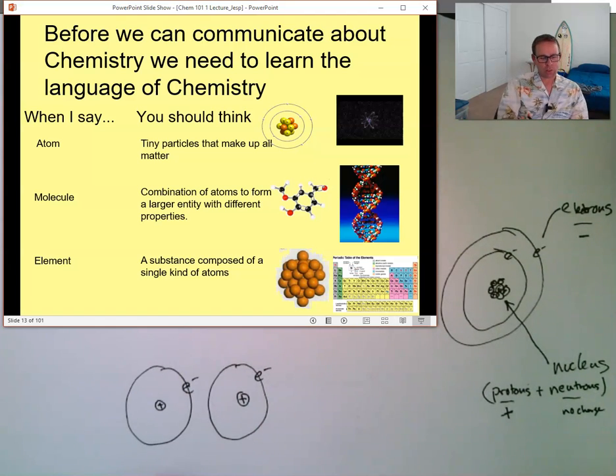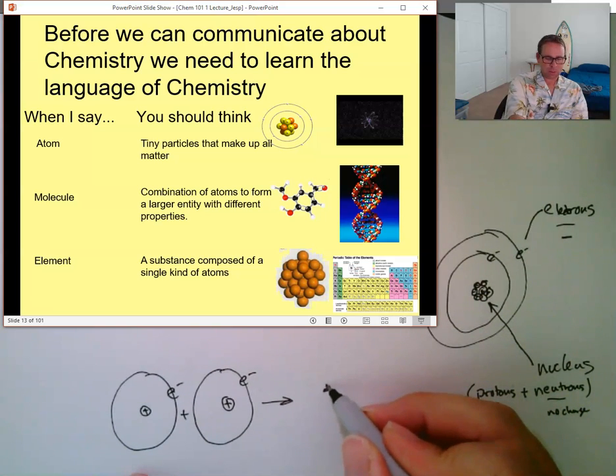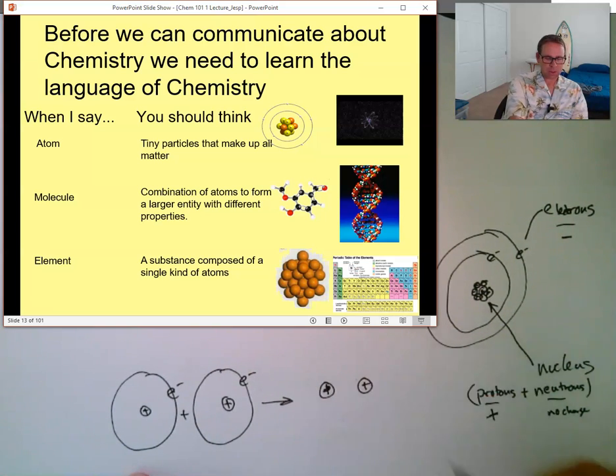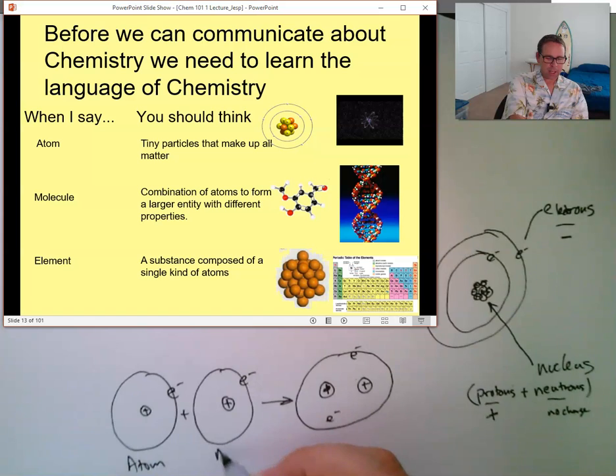One proton and one electron. I'm bringing these close together. And then what happens is the protons get close enough that the electrons can now kind of go around both of them.